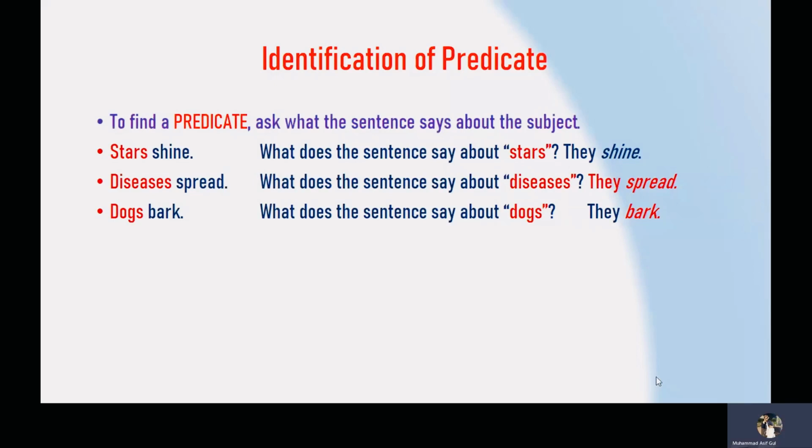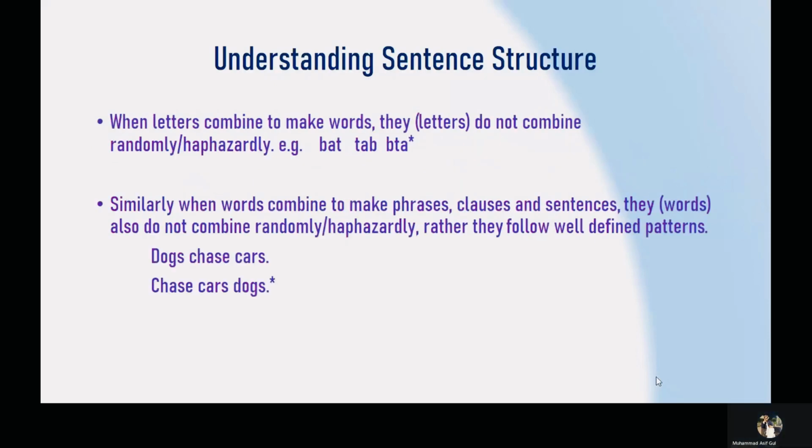Let's move further. After having talked about subject and predicate, let's see what comes next. Okay, we know that we have 26 letters in English alphabet and they combine in different patterns to make words.